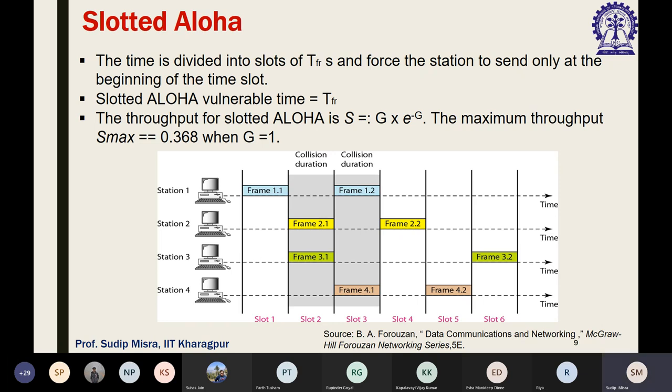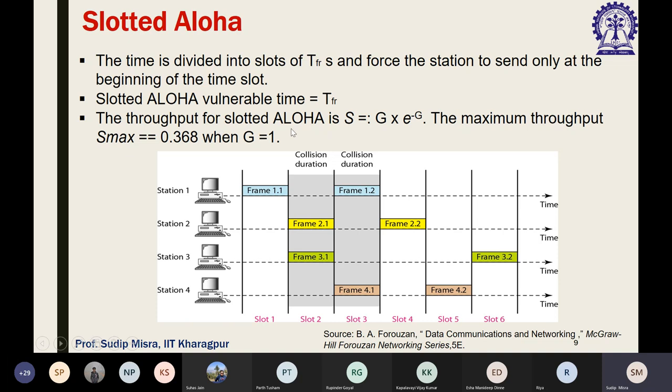Even if you minimize the scenario that we had seen before, there is still a possibility of collision if two stations are trying to send at the same time. This you cannot avoid, and this is why this TFR length of duration becomes the vulnerable time in slotted Aloha.